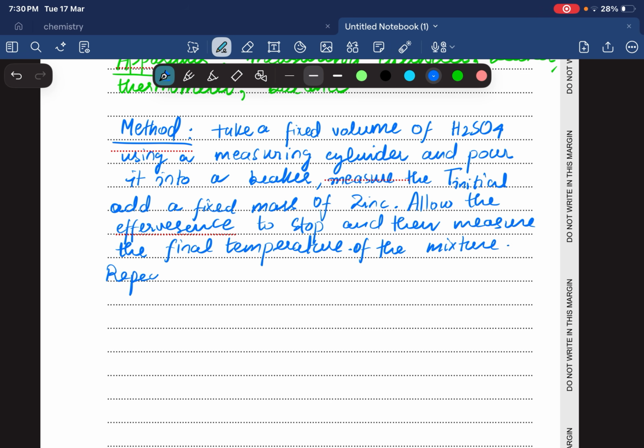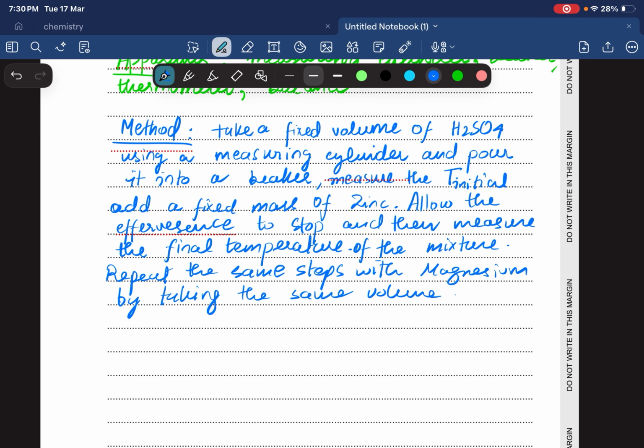Repeat the same steps with magnesium. The second metal is magnesium, taking the same volume of H2SO4 and the same mass of Mg.